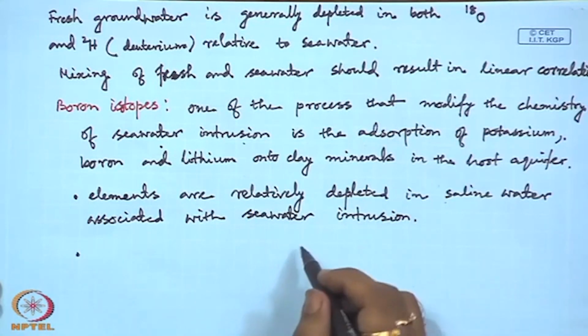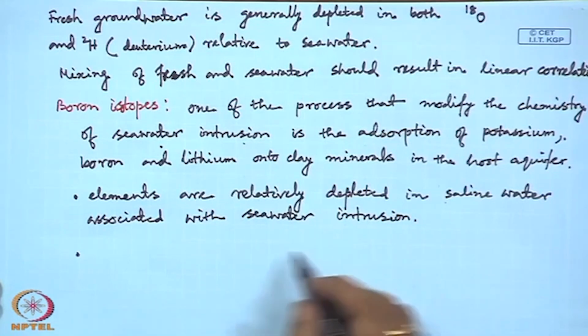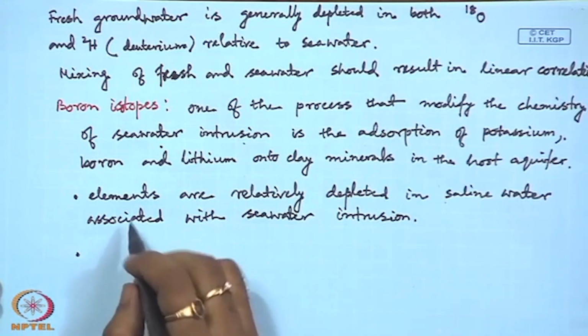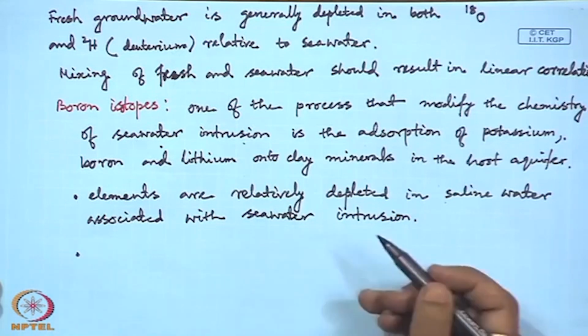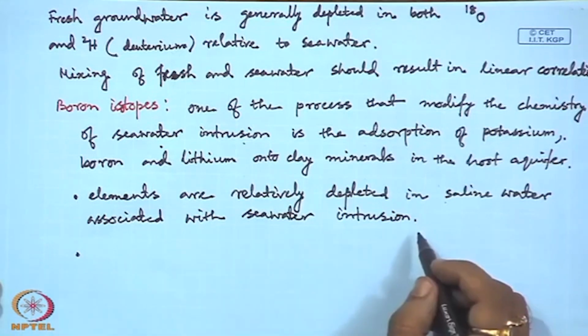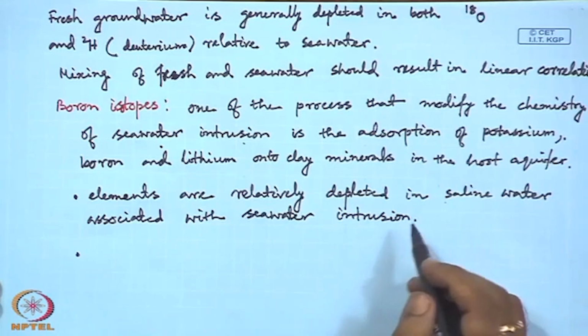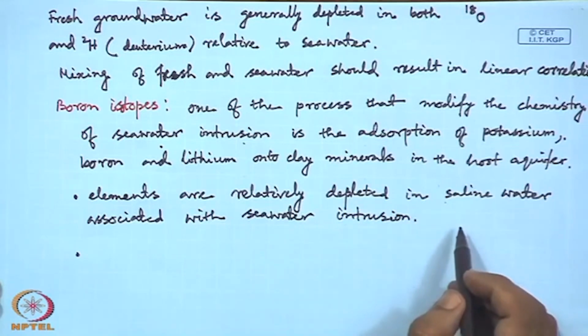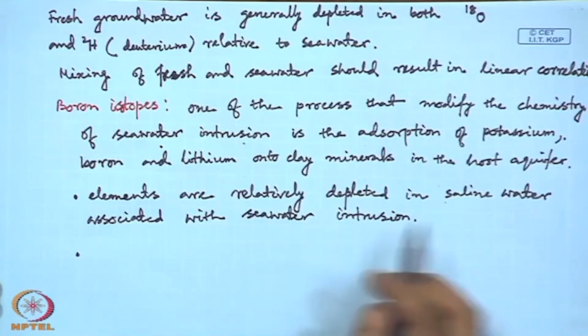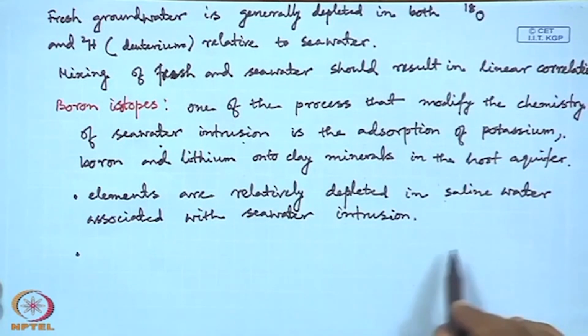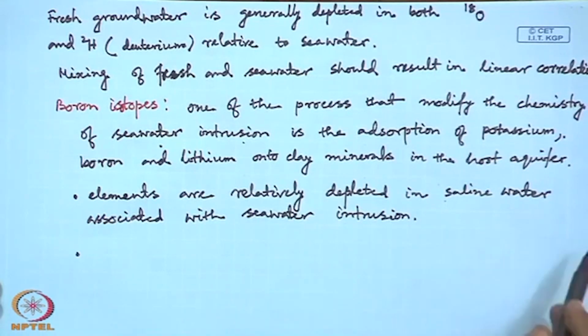Thus, the boron isotopic composition can be used for identification of salinization sources, in particular to distinguish from anthropogenic contamination such as wastewater.